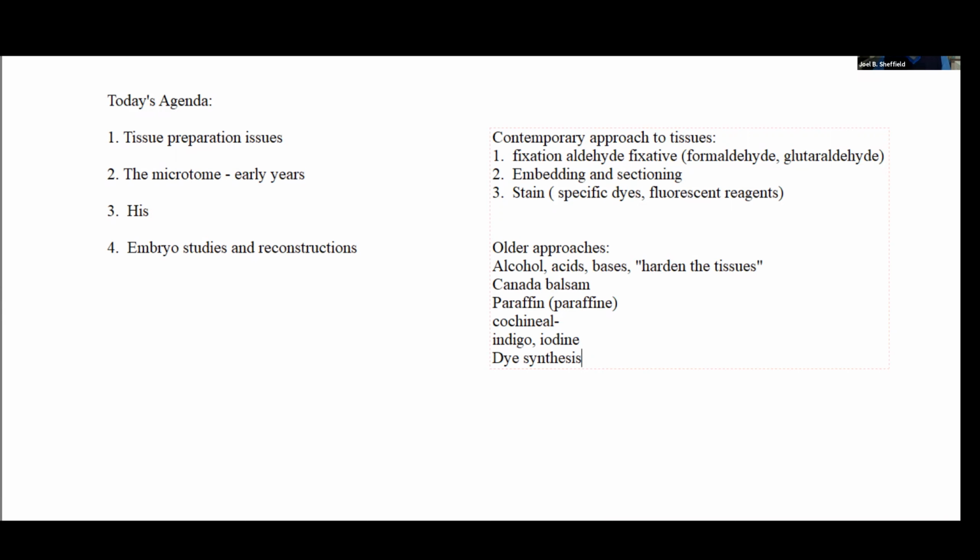As those kinds of processes were going on, techniques were also developing for better ways of cutting tissue. And that's what I wanted to spend some time on, which is talking about the development, a little bit at least, of the microtome.